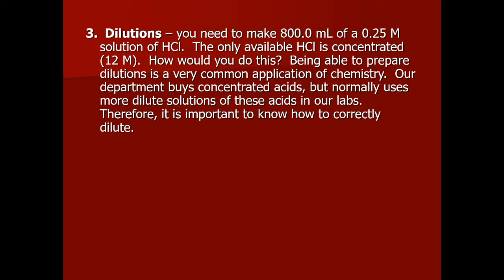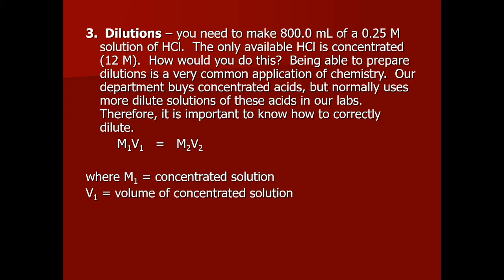Actually, the math behind it is really, really simple. We use this simple equation: M1 V1 is equal to M2 V2, where M1 represents the molarity of the concentrated solution, V1 represents the volume of that concentrated solution, M2 represents the dilute molarity, and V2 represents the volume of the dilute solution.